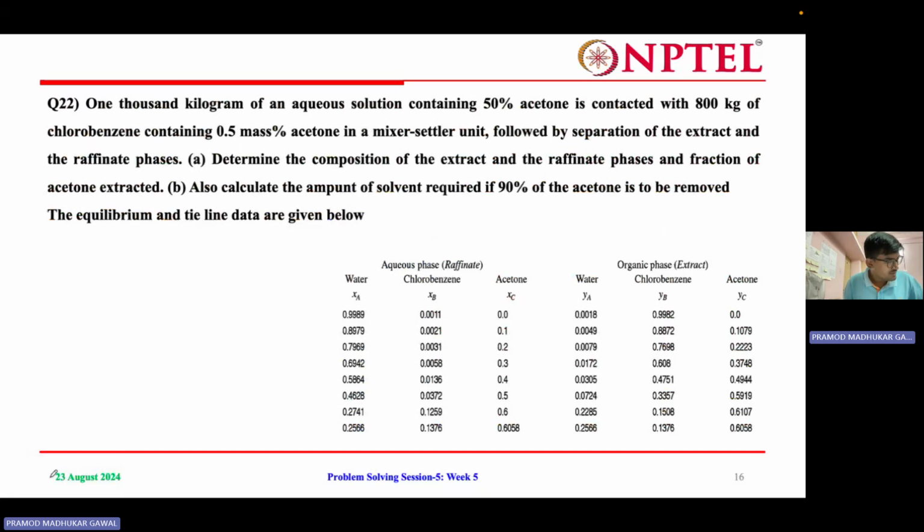Now, if S is the mass of the solvent required, then we can write the material balance for the solute.